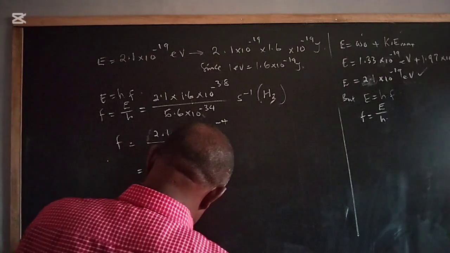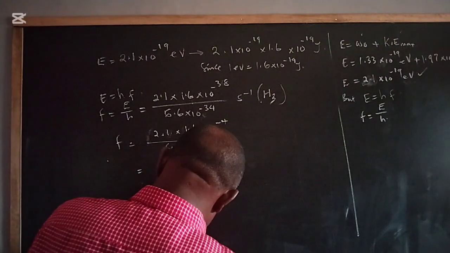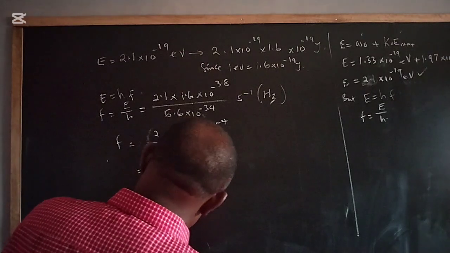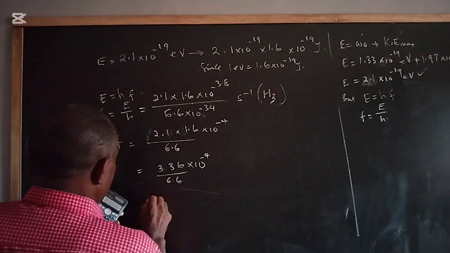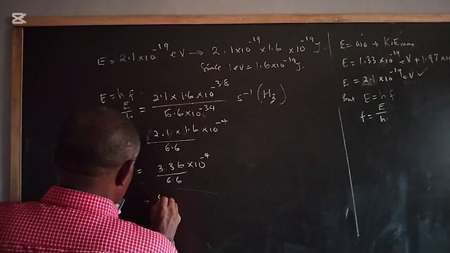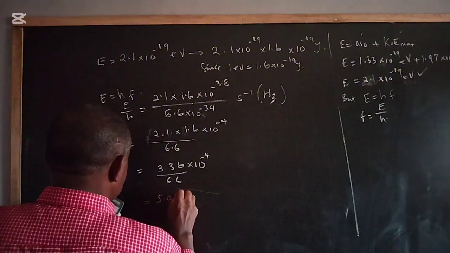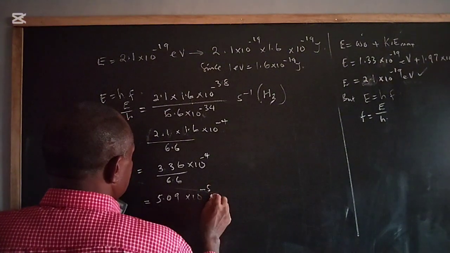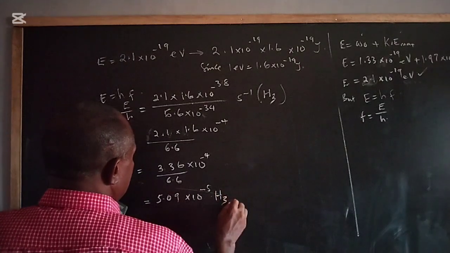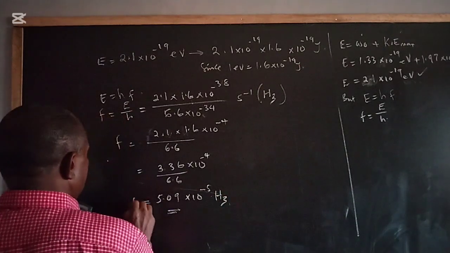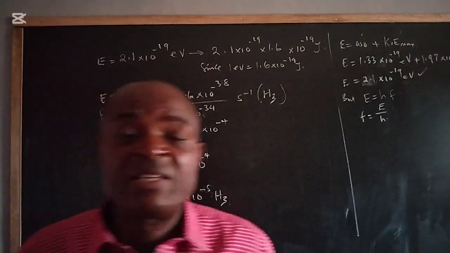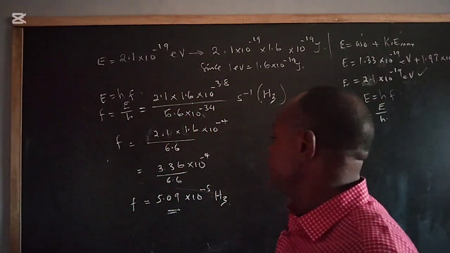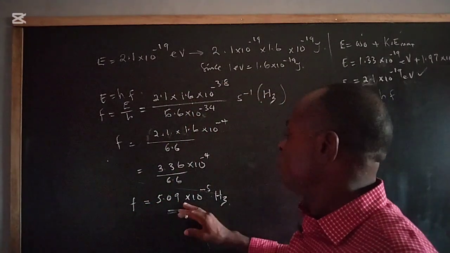If we divide this by 6.6, the result is going to be 5.09 times 10 raised to the power minus 5 hertz. So from the information we are given, this therefore stands as the value of the frequency.